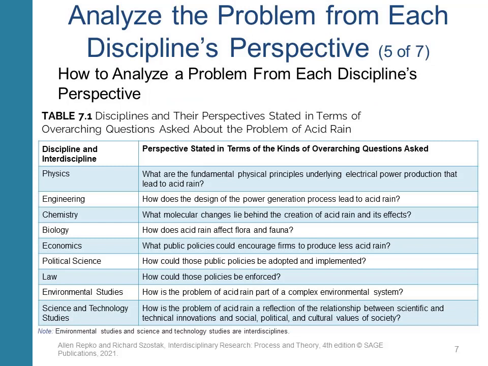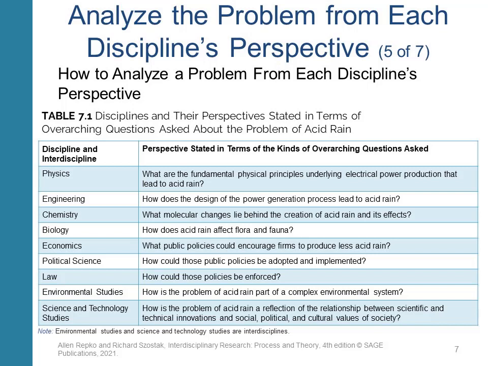Here is Table 7.1 from the textbook. It provides examples of some of the what and how questions we might ask about the problem. These questions are set within a discipline's perspective. In other words, each question in the right column represents how that discipline would approach the problem.